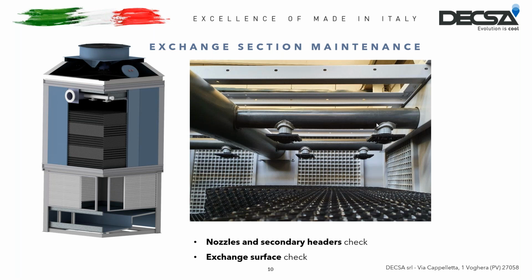If there is no uniform spraying, it's necessary to remove the nozzles manually, simply by unscrewing them from the secondary headers, or the complete pipes, to bring them to the ground and clean them with a pressure lance. Also in this case, if it's not enough, they must be replaced.